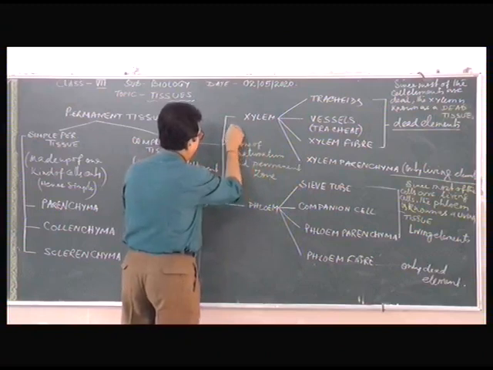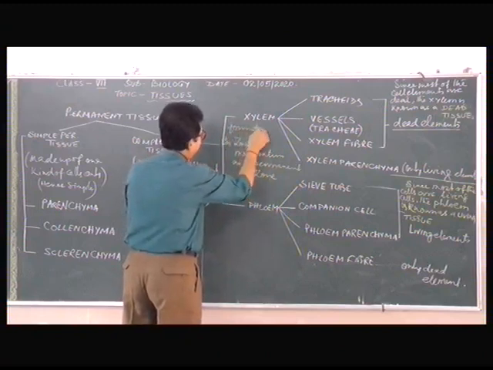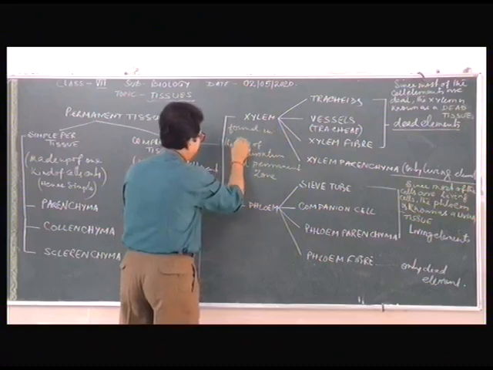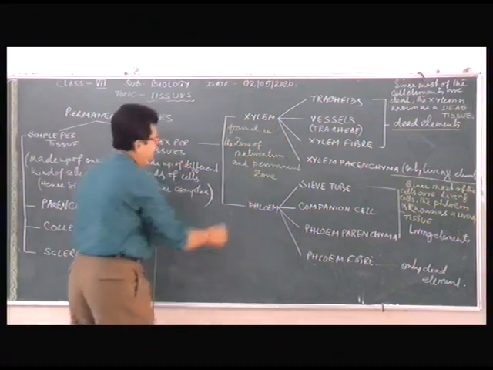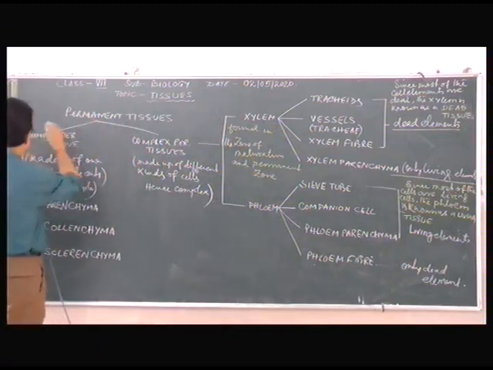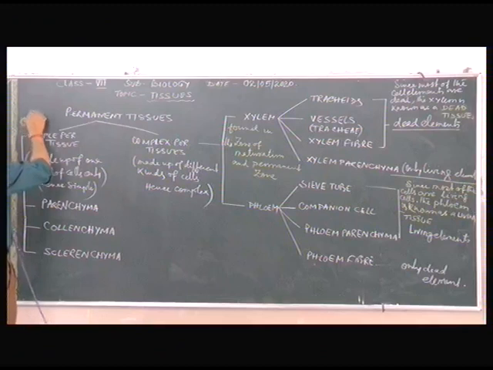And simple permanent tissues are found all over the plant body.